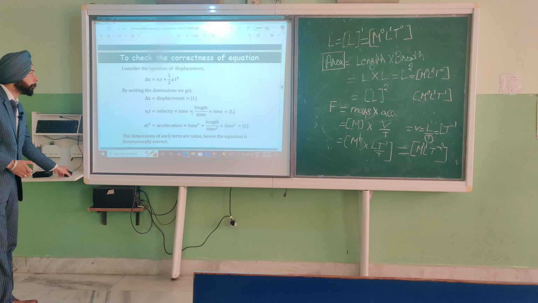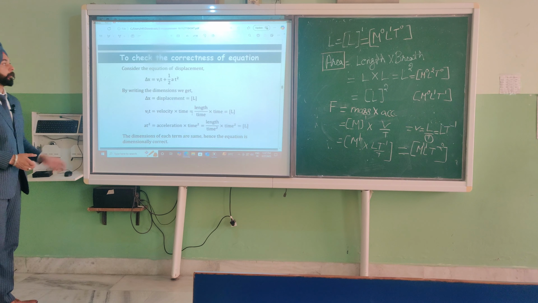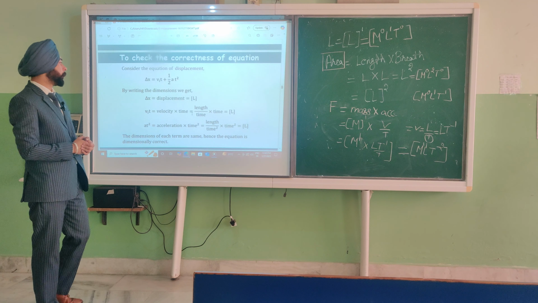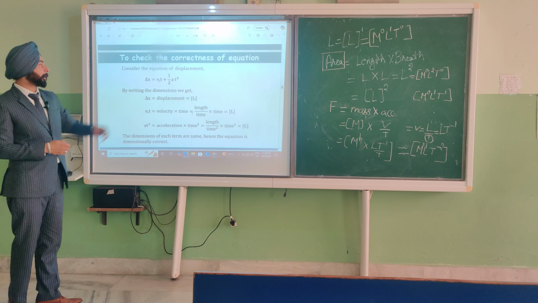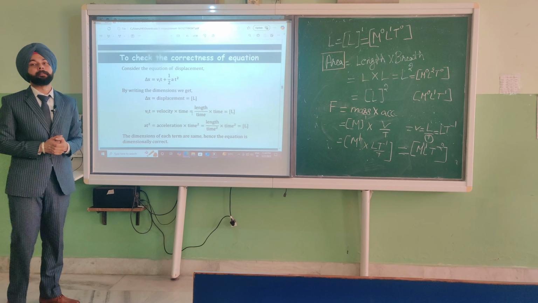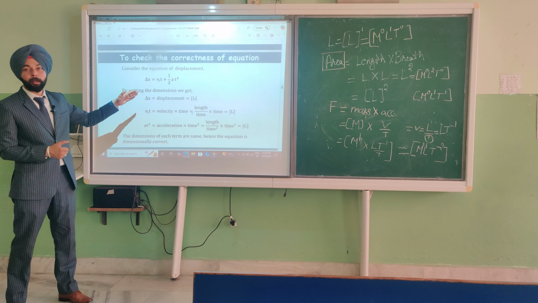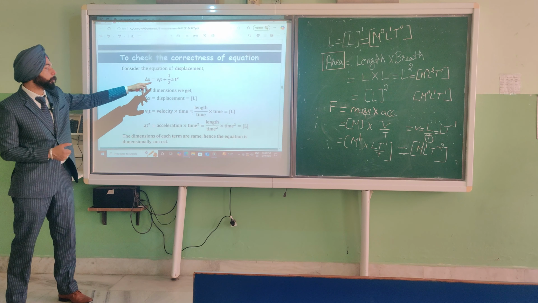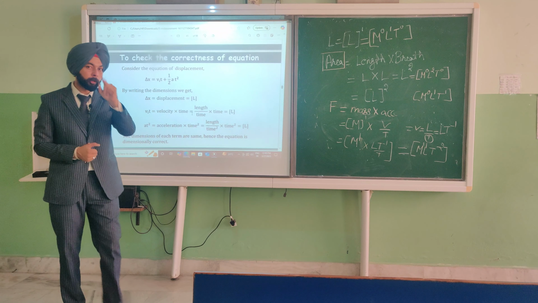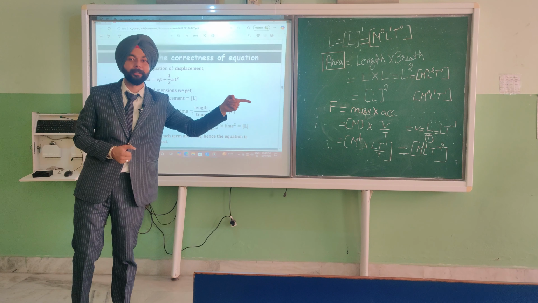Now one by one we will talk about this. To check the correctness of the equation: delta x is equal to v i t plus half a t square. That means you can write S is equal to u t plus half a t square. It is the equation of motion from the 9th grade motion chapter.